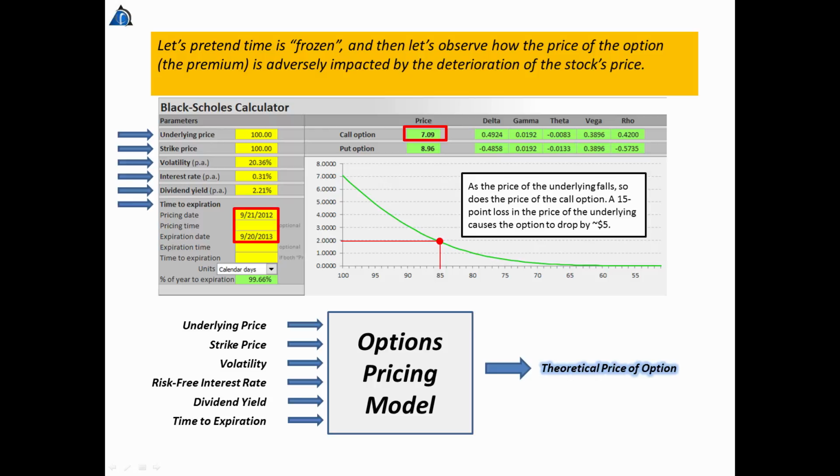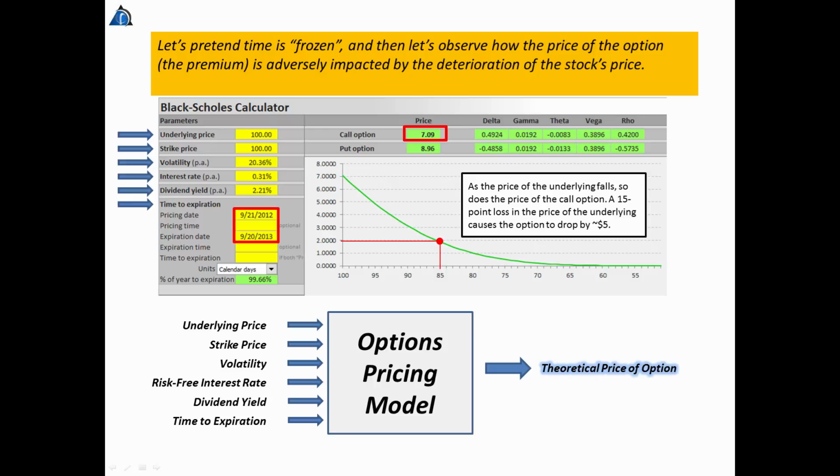Per the model, according to the calculator, the option is worth $7.09. The x-axis represents the price of the underlying. Apple's stock price is the x-axis. On September 21st, 2012, the stock is at $100 and my option is worth $7.09.